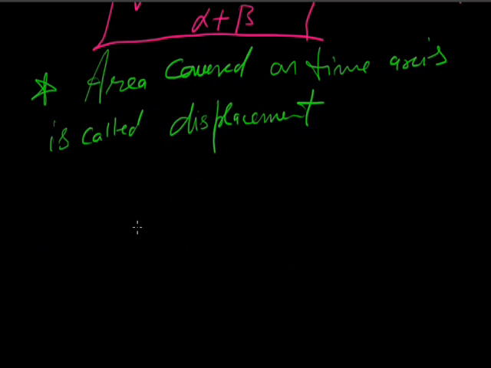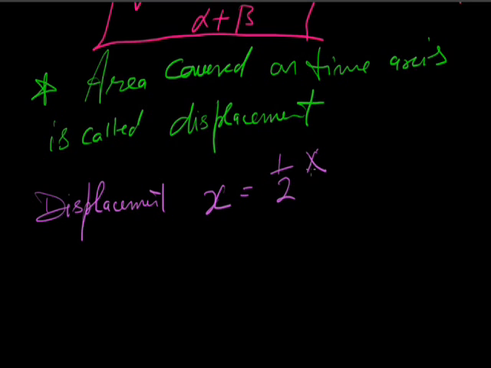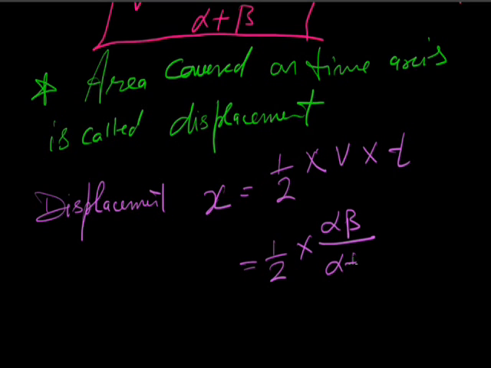So displacement x is equal to the area, which means half times height v and breadth t. So x is half times alpha beta t upon alpha plus beta, times t.